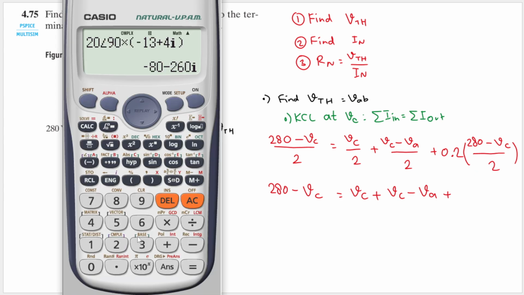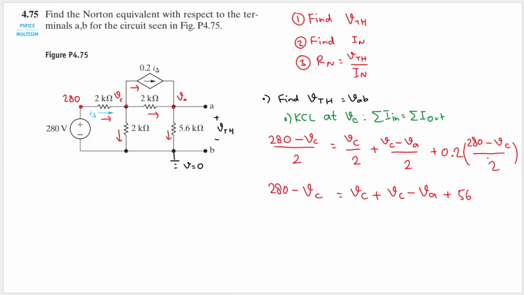And what is that? 0.2 multiplied by 280 is 56. So we'll have 56, and then we will have minus 0.2 VC. Good. Now let's do some simple math here. Let's move this 56 to the left hand side. So we'll have 280 minus 56, and then we will have 3 VC minus 0.2, that will be 2.8 VC, and then minus VA.